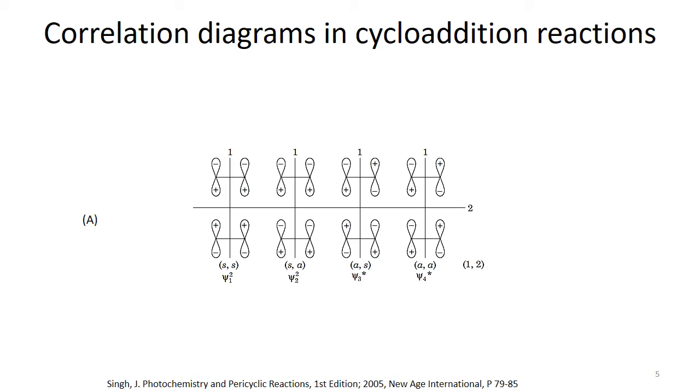So how are we going to study the wave function or the molecular orbitals here? We consider two ethylene molecules interacting together. One is sigma v and two is sigma h here. The two ethylene molecules are placed in close proximity.